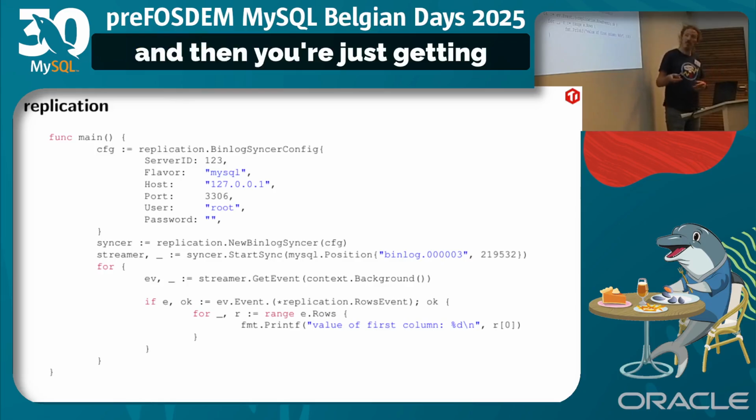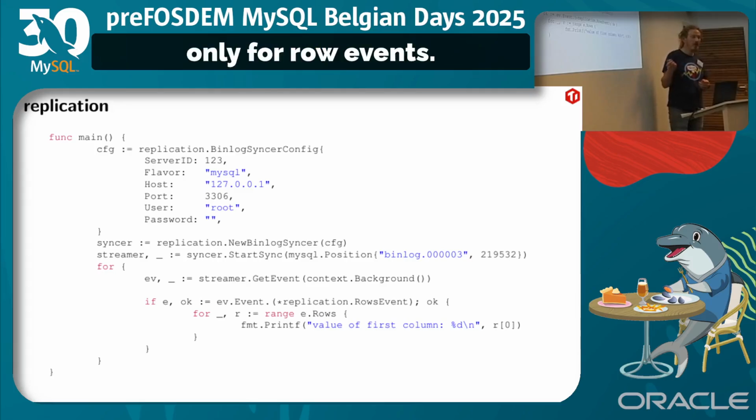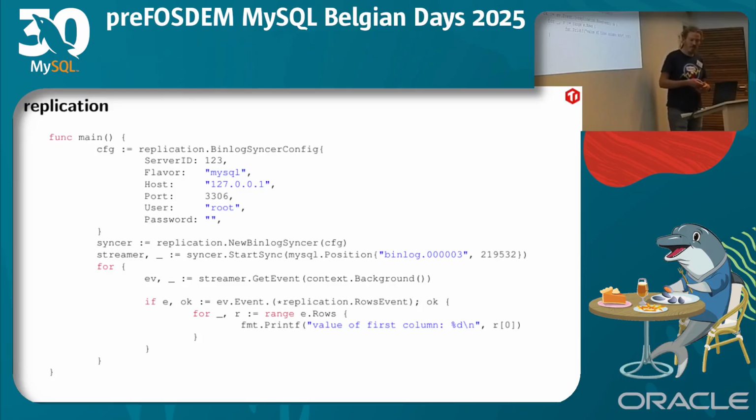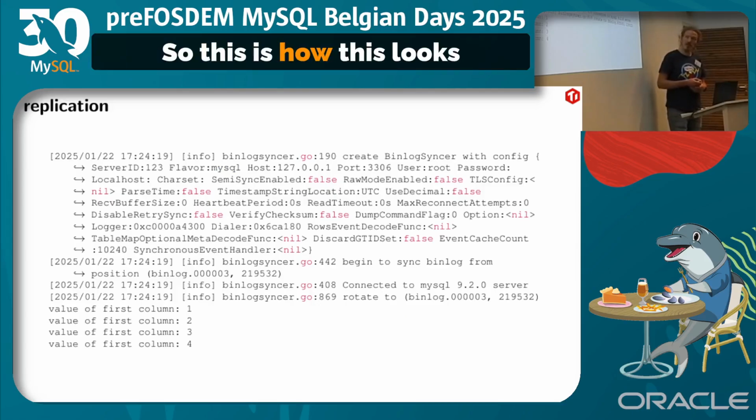And then you're just getting events. And here we're checking only for row events, so all the other kinds of events we don't care about. And then we're just printing the value of the first column that we're getting, just as a demonstration. So this is how this looks.